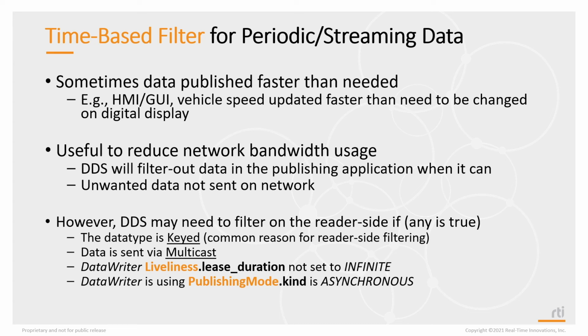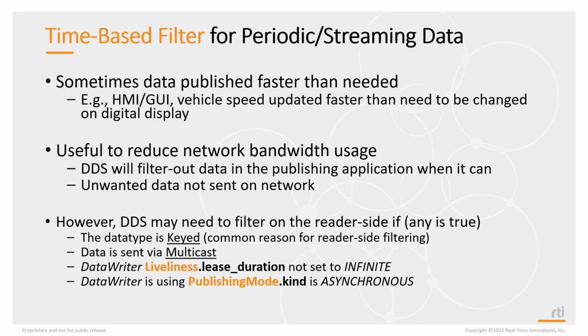Another reason that we'll filter out on the reader side is when you're sending data via multicast. Often sensor data might be sent to a lot of applications, and the most efficient way of sending the data to a lot of applications is using multicast. So only one copy needs to be sent by the data writer, and then it'll be duplicated using multicast on the network.